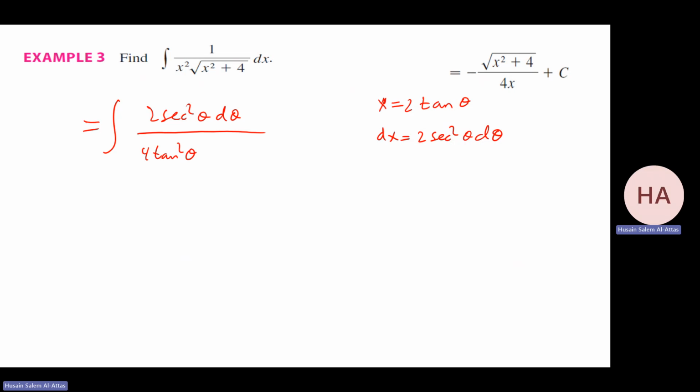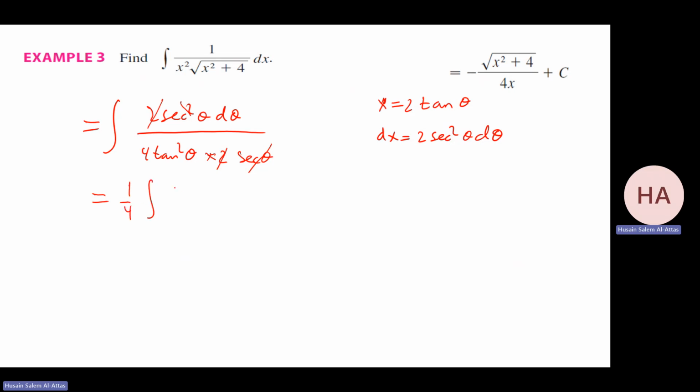I have 4 tan square plus 4, that will be 4 times tan square plus 1, which is secant square. Under the square root, that will be 2 secant theta. So secant cancels with the square, and the 2 cancels with the 2. So I have 1 over 4 outside.